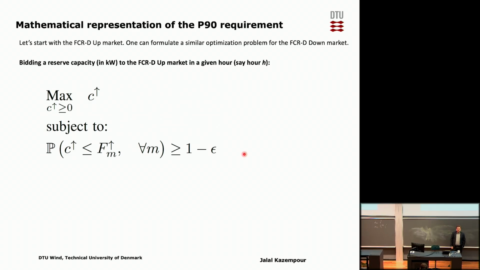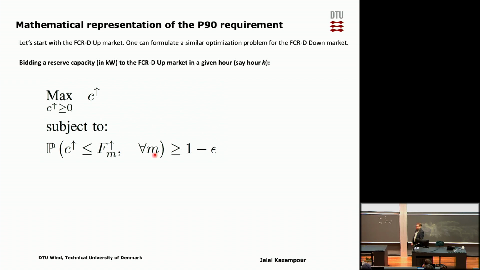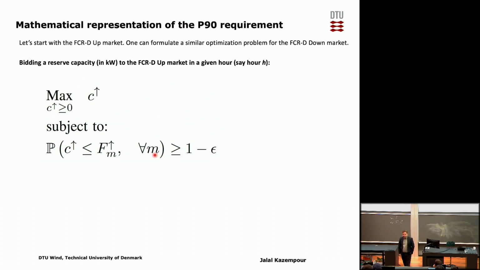That constraint, we call it a chance constraint. So C up still is our variable, FCRD up. M is indexed for minutes. Why minutes? Because we have data in minute resolution. If you have a different resolution, use that resolution.